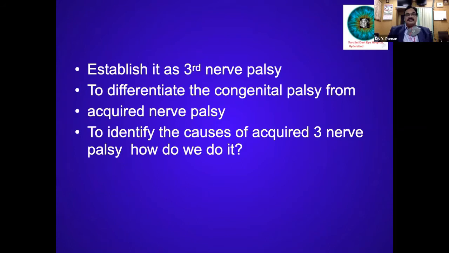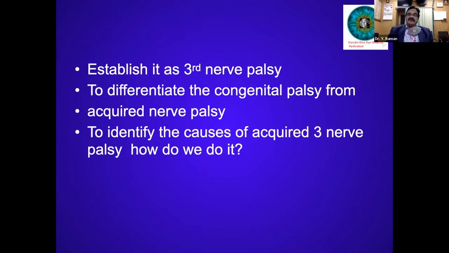Whenever the palsy is associated with other CNS abnormality, it has to be taken for a thorough neurological evaluation. Acquired cases usually present around infancy, the second part of infancy, and early childhood. That is the benchmark for the diagnostic criteria.